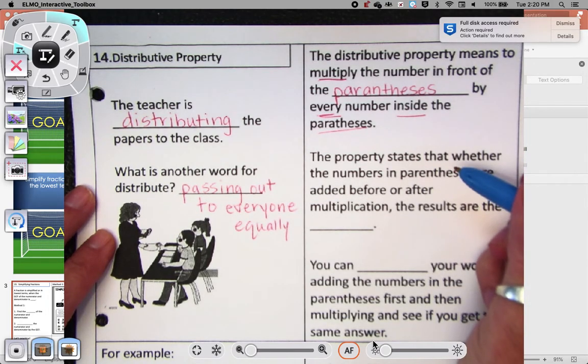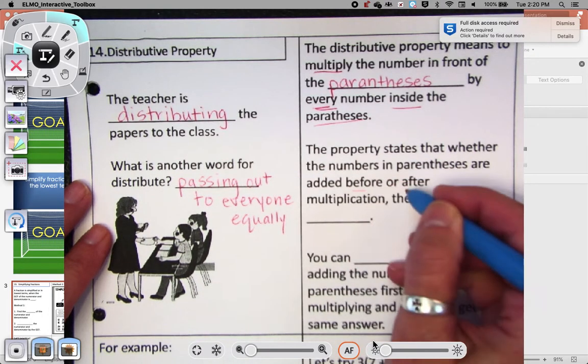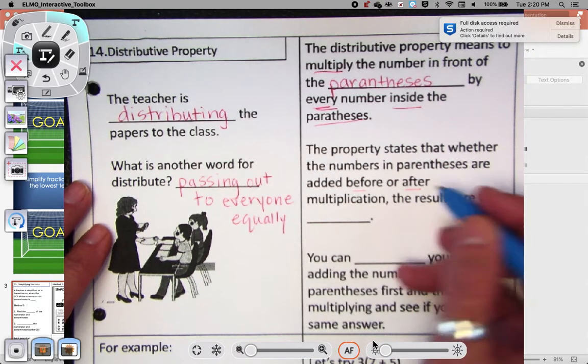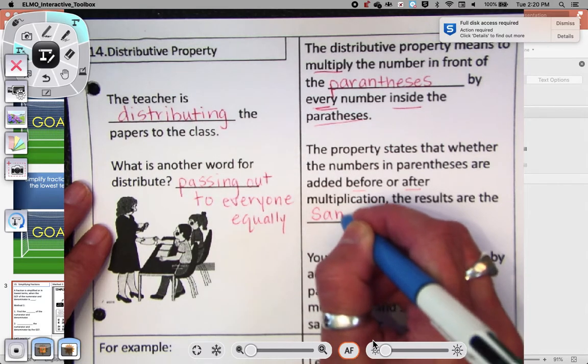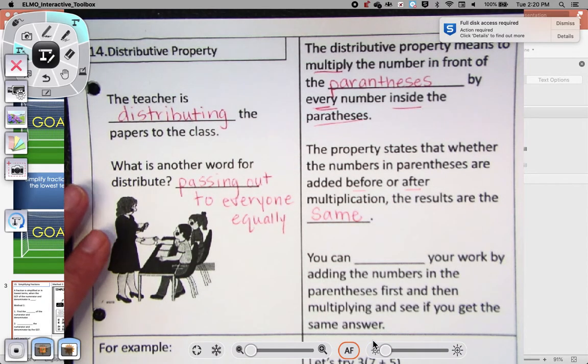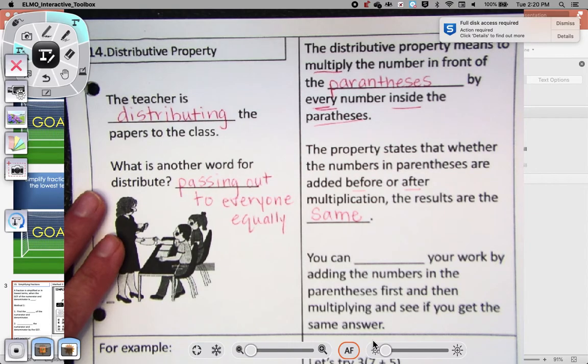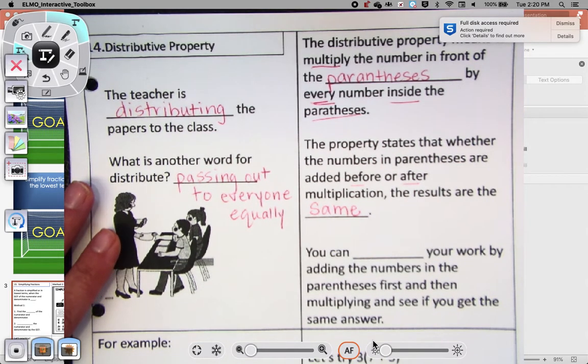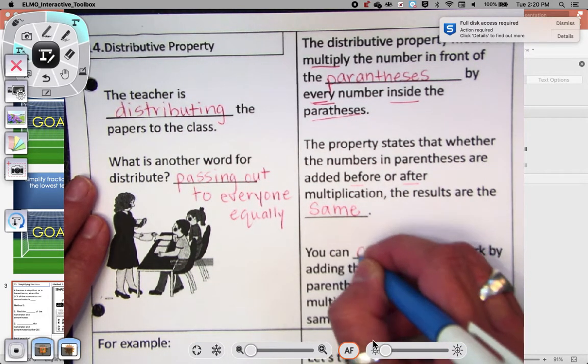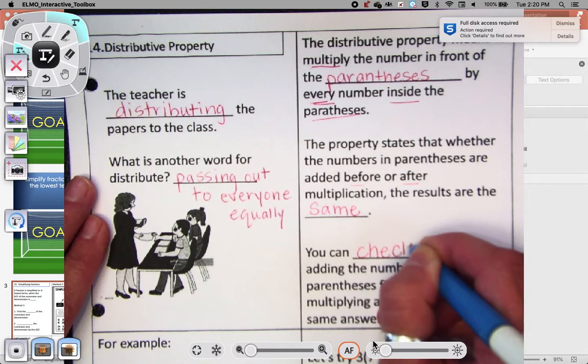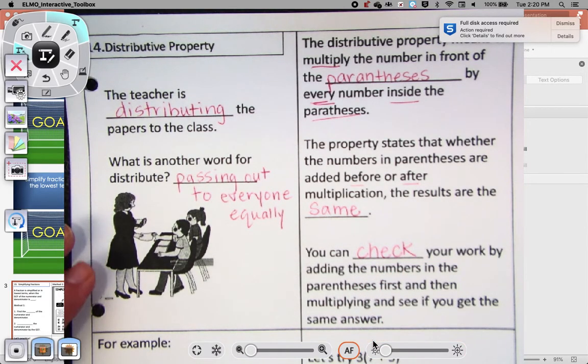Specifically, the property states that whether the numbers in parentheses are added before or after multiplication, the results are the same. One great thing about the distributive property is that you can check your work by adding the numbers in the parentheses first and then multiplying to see if you get the same answer.